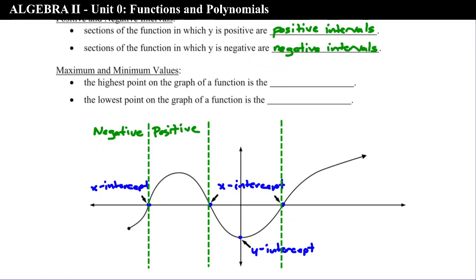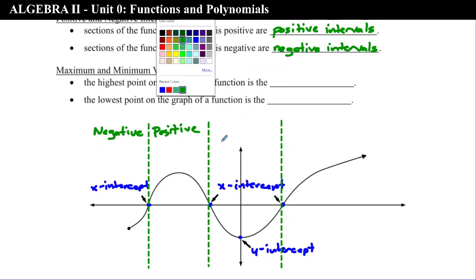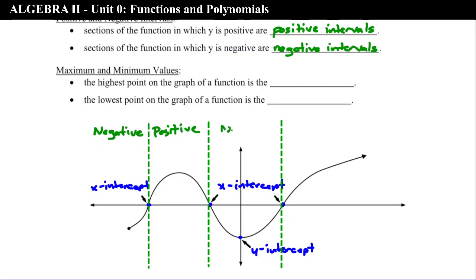In which case, we go from a negative interval to another negative interval. So here we are, this is a negative interval. And then here we have a positive interval to finish out.